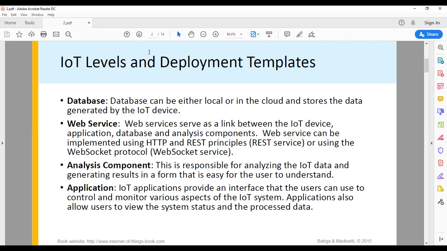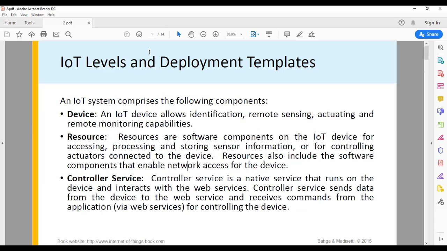That purpose is the application: how it will work, and what the output from the IoT system should be. That is one of the important components of an IoT system. Through applications you can check the status or process the data.